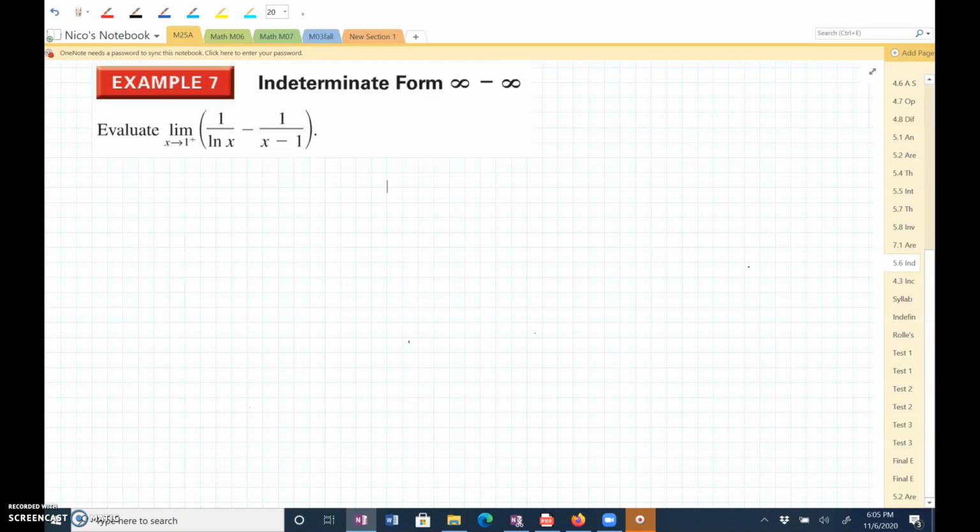Example 7, evaluate the limit as x goes to 1 from the right of 1 over the natural log of x minus 1 over x minus 1.